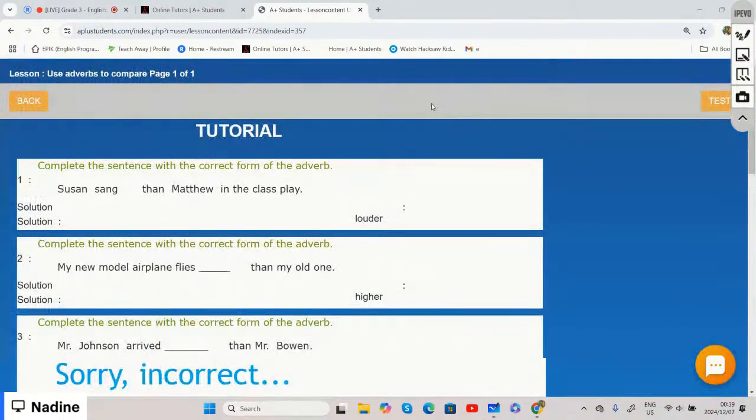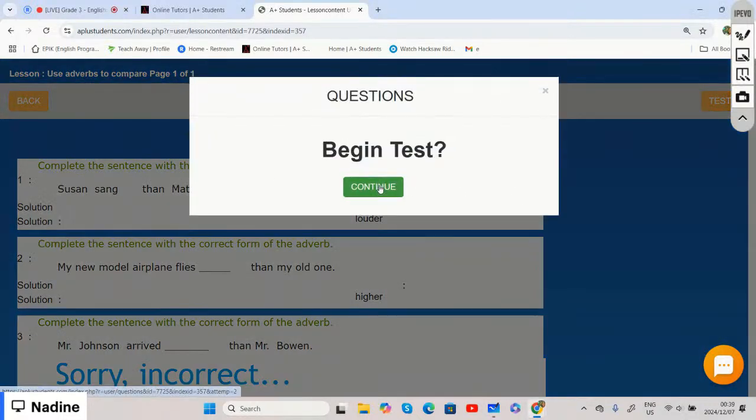All right. So now we're going to our test where we are going to use adverbs to compare. Higher is correct. Well done.